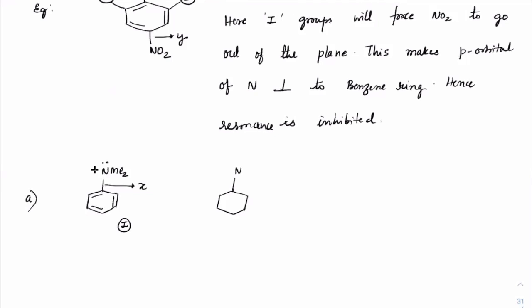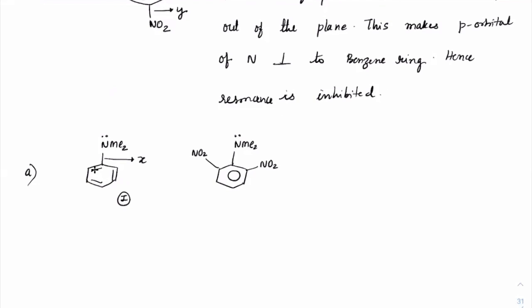In case you have NMe twice with two NO2 groups here, NO2 groups are also sufficiently bulky, and let's say this bond length is Y. So tell me which one will have more bond length here? Right, Y greater than X here.